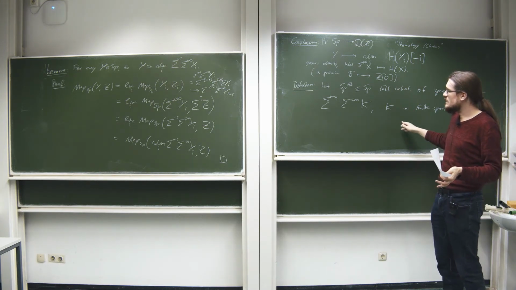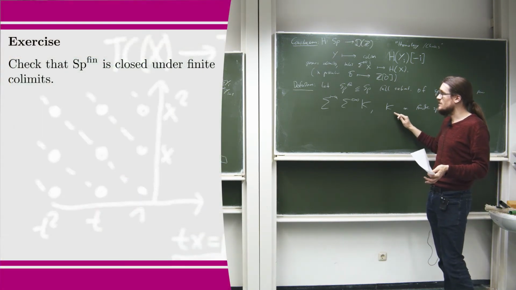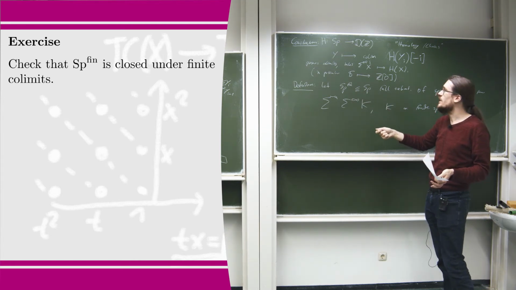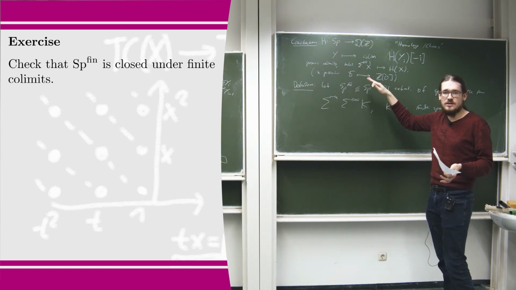And maybe a good exercise at this point is to check that this is actually already closed under finite colimits and finite limits. One way to think about it is that it's the subcategory of spectra generated by the sphere under finite limits and colimits.